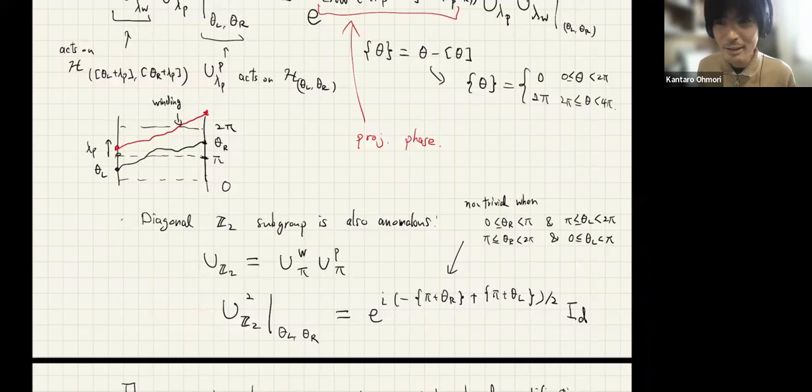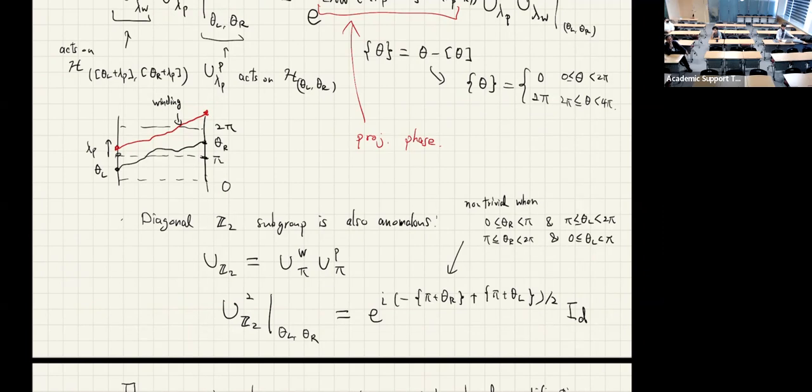Yes, of course I'm looking at a very subtle effect. The question is why such a subtle effect can pick up some topological effect?